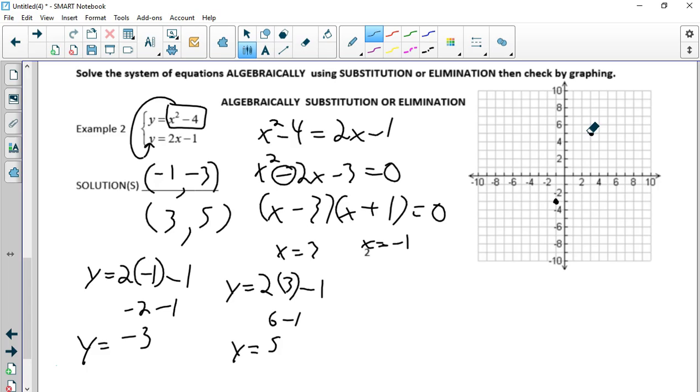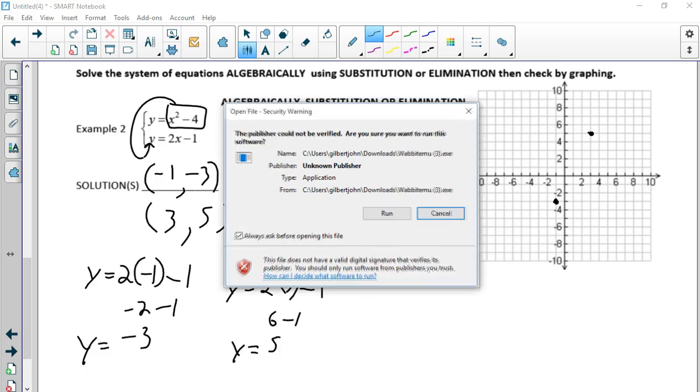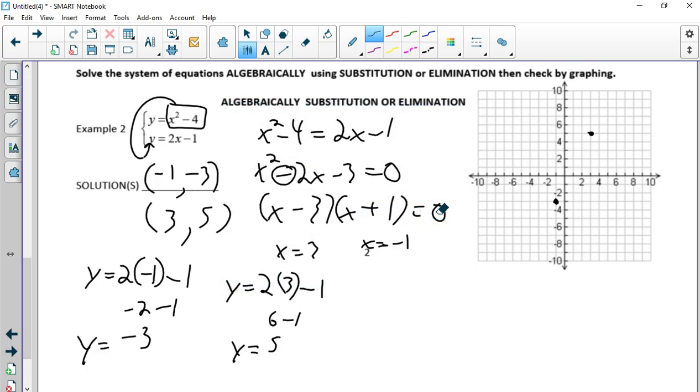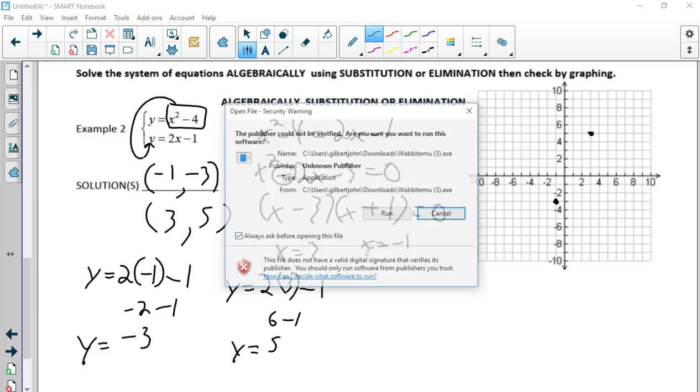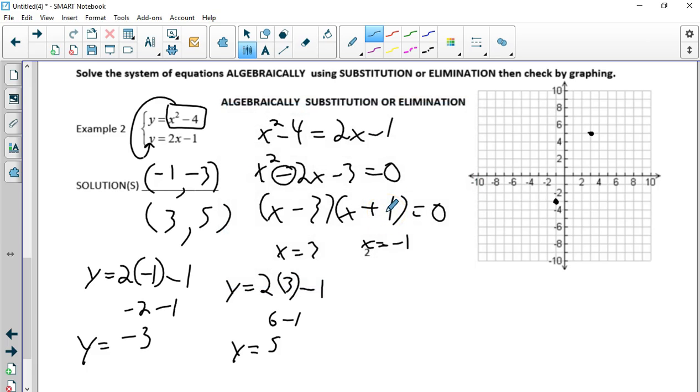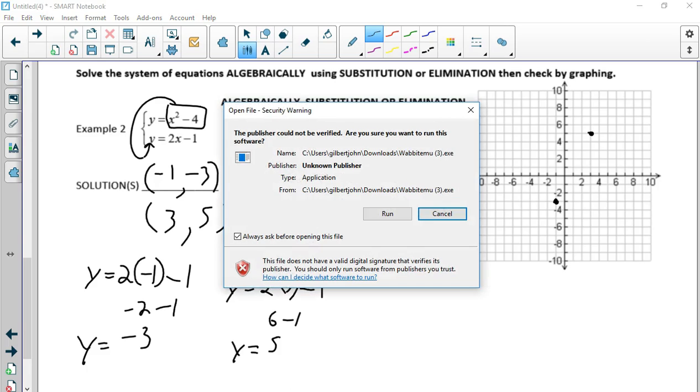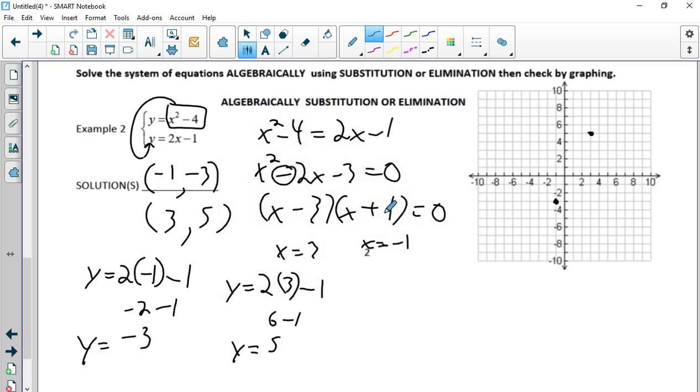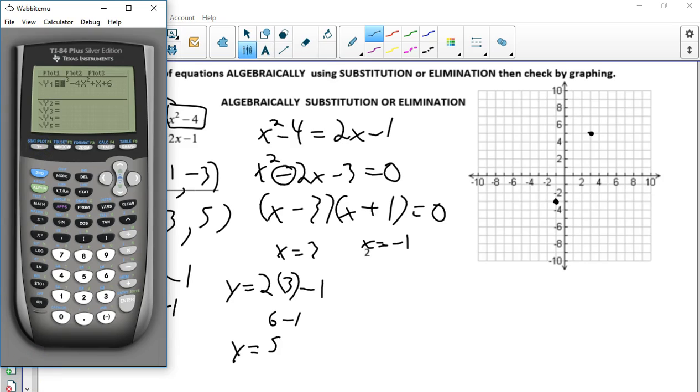Now, I am going to graph my two equations. Now remember, we have a calculator, so why not, let's make life easier. And I'm going to put x squared minus 4 in my graphing calculator and get some points. For some reason this is not running. Sorry, my graphing calculator won't pull up.